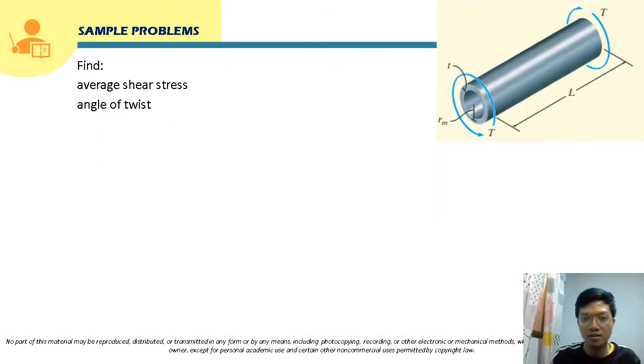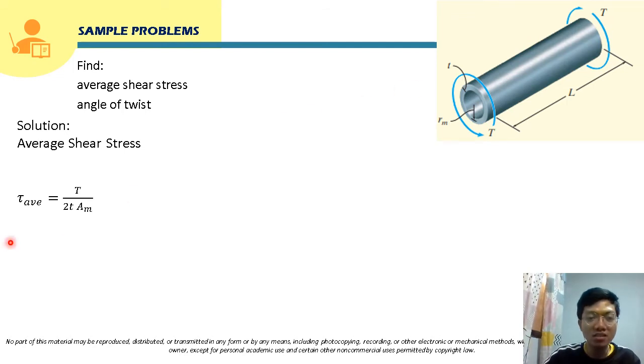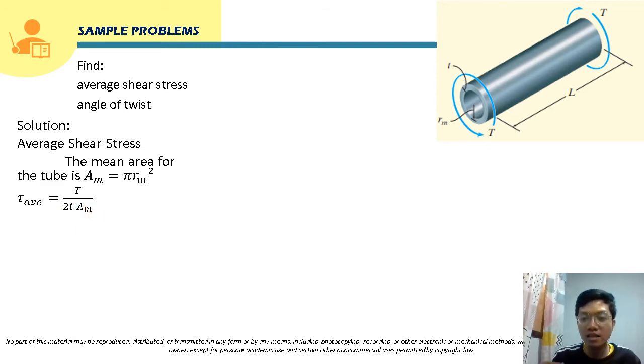To solve this problem, for the average shear stress, using the formula, this is equal to T over 2 times t times A_M. So we have to solve first for A_M, the mean area enclosed by the center line. In this case, the given radius here is the mean radius, the radius from the center to the center line in the thickness.